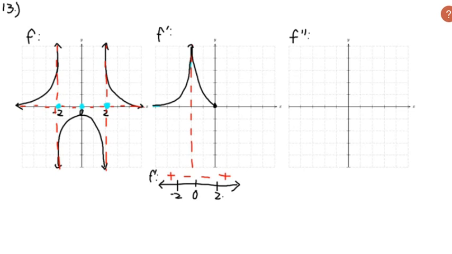So from 0 to 2, we can see that it is negative and it is decreasing. So therefore, on f prime, it decreases while it is negative. So it will decrease and go to -infinity.